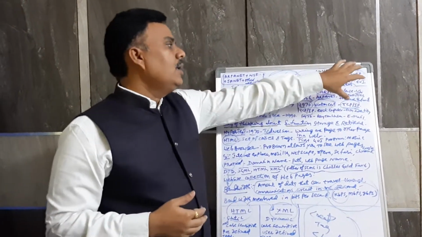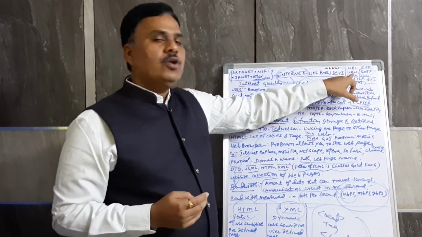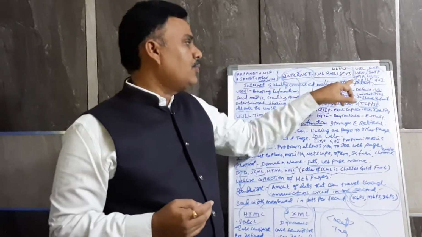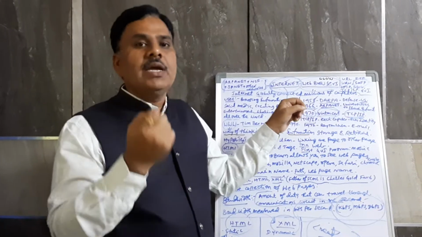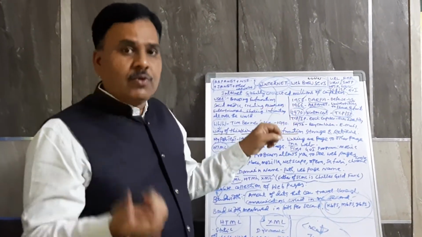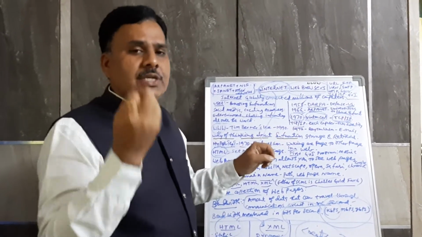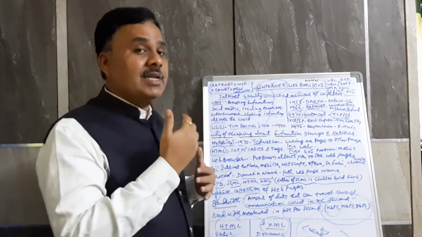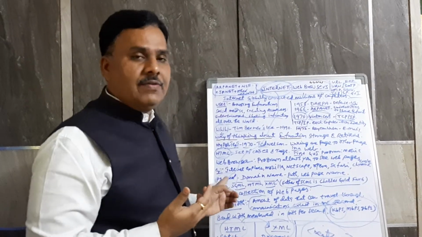URL, Uniform Resource Locator; FTP, File Transfer Protocol; URN, Uniform Resource Name; SMTP, Simple Mail Transfer Protocol; HTTP, Hypertext Transfer Protocol; TCP/IP, Transmission Control Protocol; ISP, Internet Service Providers; GUI, Graphical User Interface; HTML, Hypertext Markup Language; XML, Extensible Markup Language; SGML, Standard Generalized Markup Language; DTD, Document Type Definition.